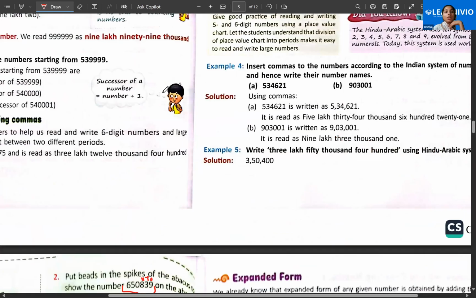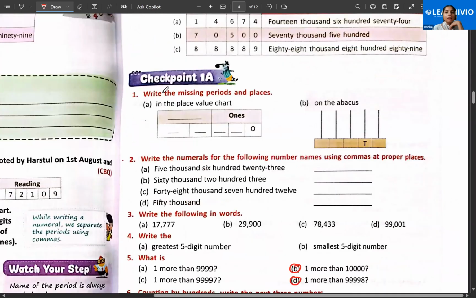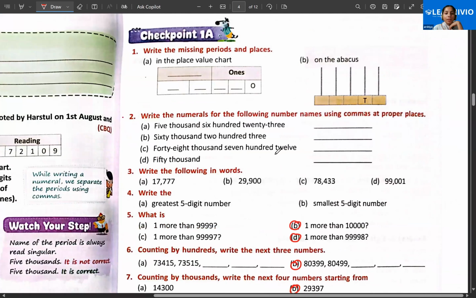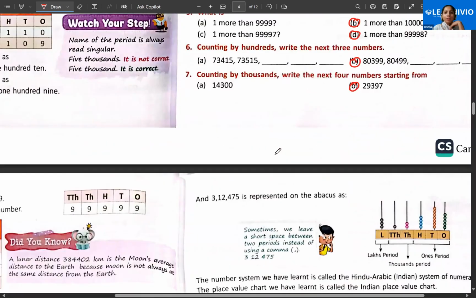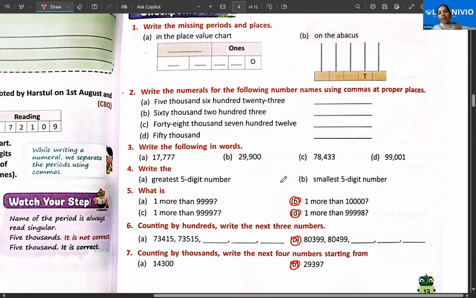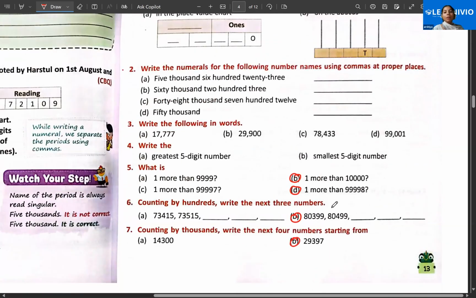So we've already done checkpoint 1A. We've completed that. Do you remember? Yeah, teacher gave some homework. I will check it. We have covered each and every question from checkpoint 1A. We did half of it in the previous class before Eid, and now today we've completed it.